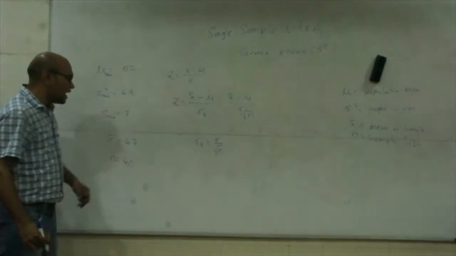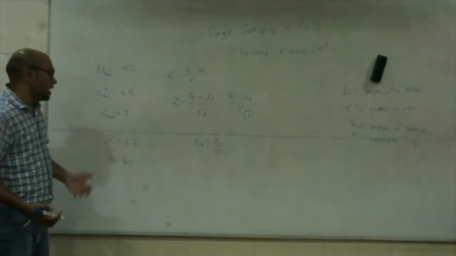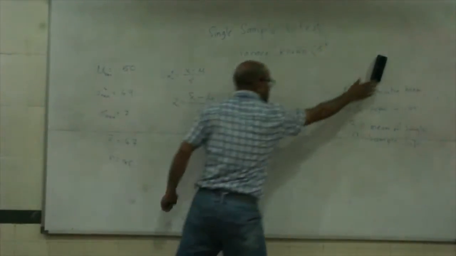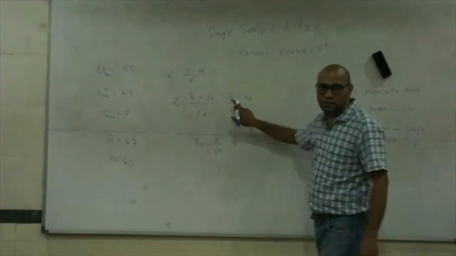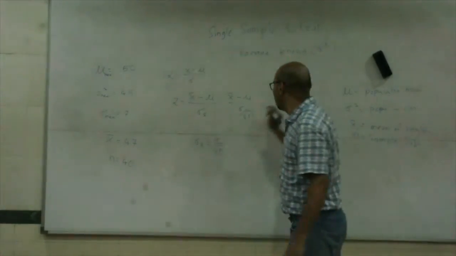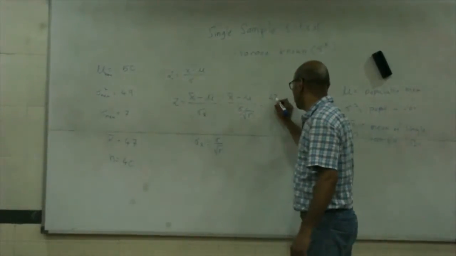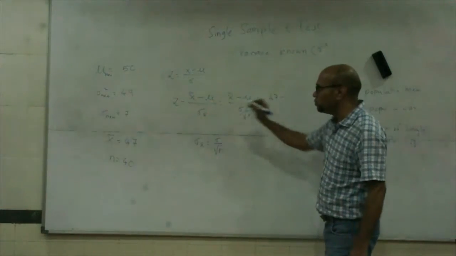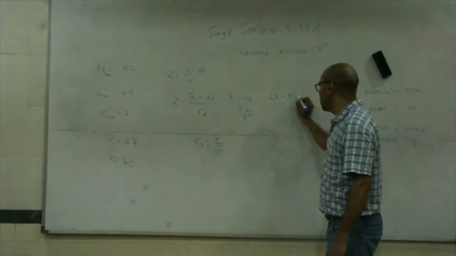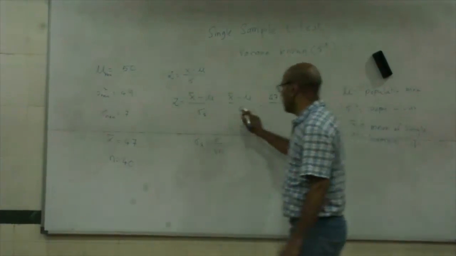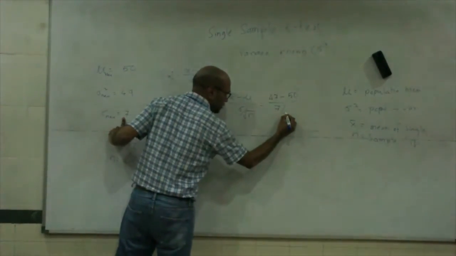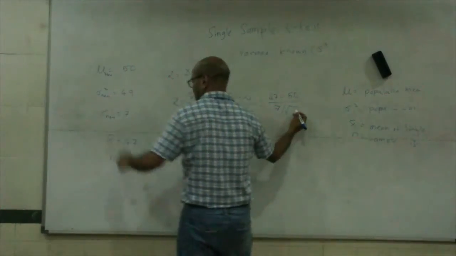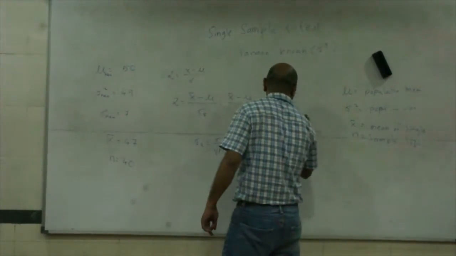Now what I will do, I will compute z. X bar is the single sample mean that I have, that is 47, minus mu, that is 50, upon sigma, which is 7, divided by square root of the sample size, that is 40. Right?